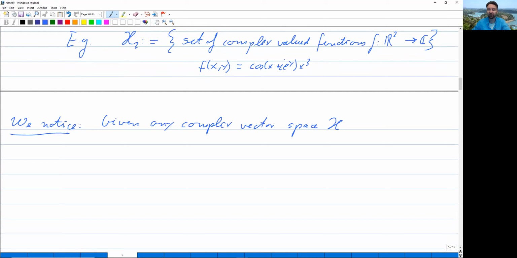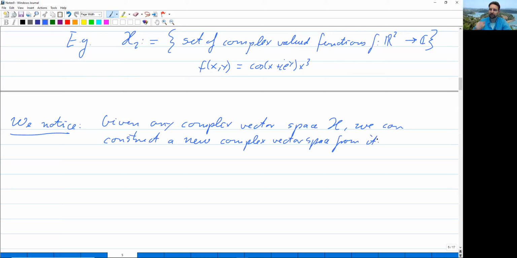Given any complex vector space H, we can construct a new complex vector space from it.